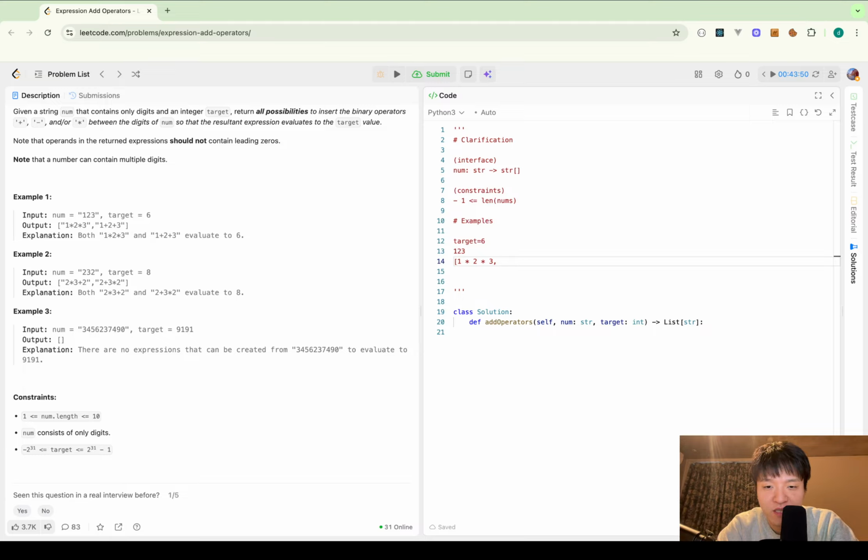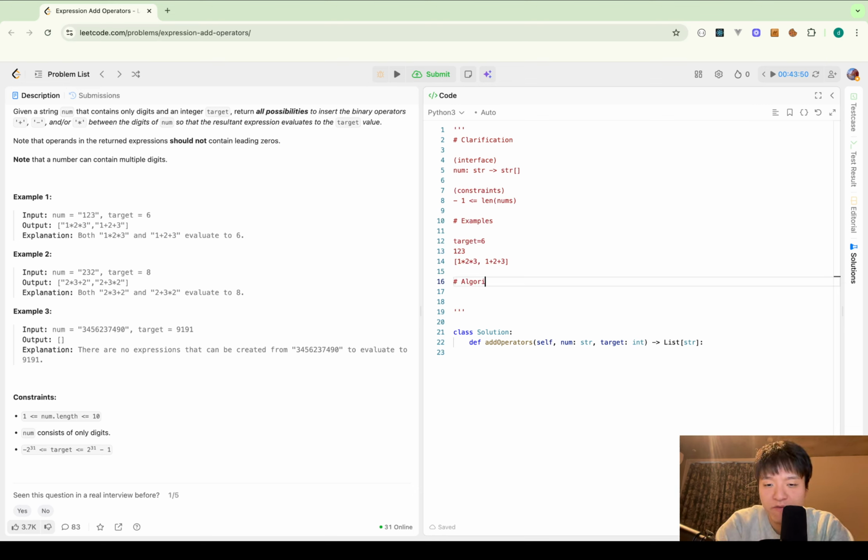And aside from that, 1 plus 2 plus 3 is also possible, so I should return this. Obviously I shouldn't include the spaces here, and I cannot use parentheses.